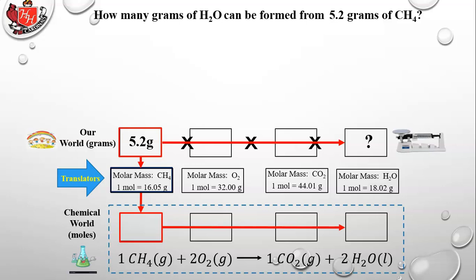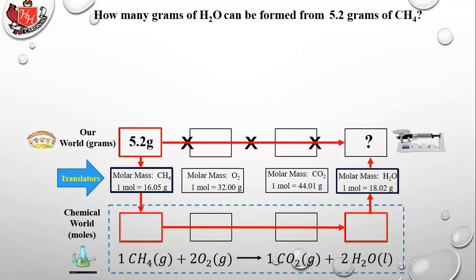Third, we want to get back to that question mark, so we need to come back out of the chemical equation through the molar mass of water, and that'll give us our final answer in grams of water. It'll tell us how many grams of water we get if we combust 5.2 grams of CH4. So you notice it's a three-step process.